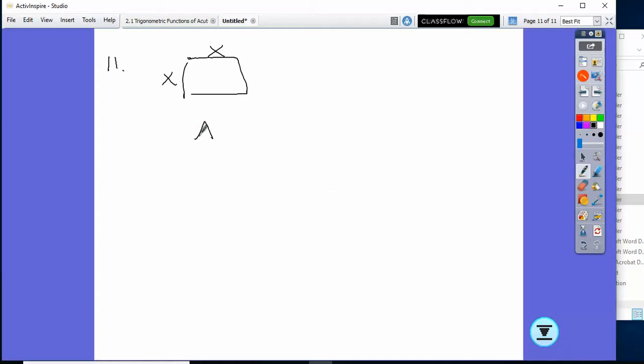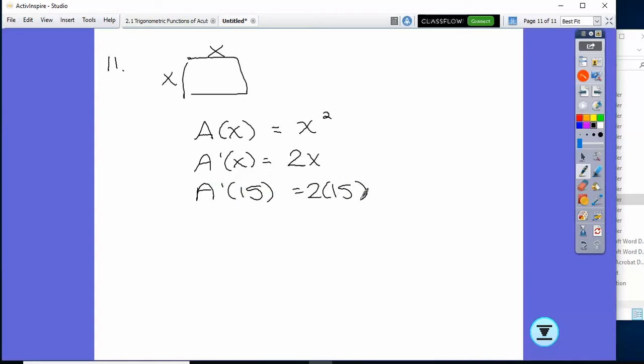Area of a square, length times width, is just x squared. So we want A prime of 15. So A prime, the derivative of this would be 2x. So A prime of 15 is 2 times 15, which is 30. So that was the first question. A prime of 15 is 30.